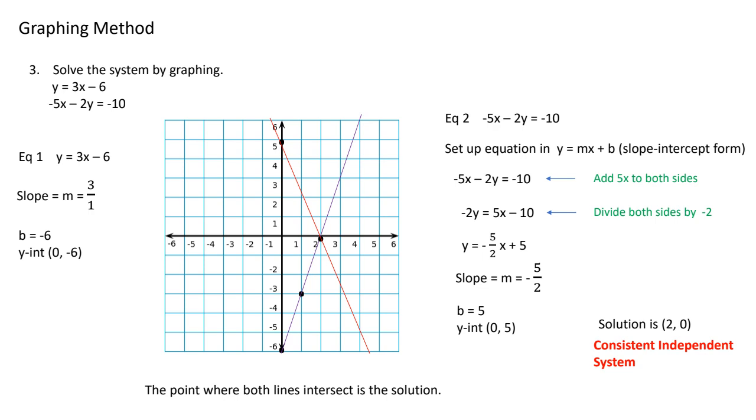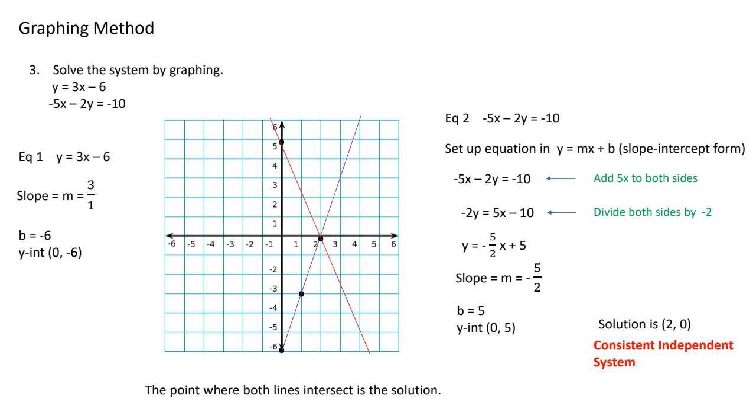Because if you noticed on the previous slide, we saw that if two lines are parallel, they have no solution. So hopefully you can see that if two lines have the same slope and different y-intercepts, you're going to know that these two lines have no solution. There's no reason for us to graph them, because the equations alone are going to tell us that they will never intersect.